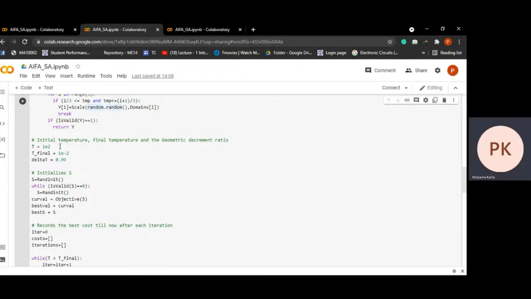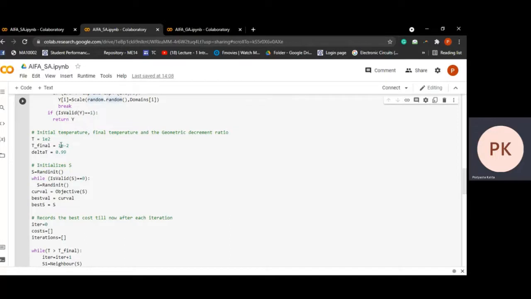We initialize the temperature to 100 and we will continue the loop till the final temperature is 0.01. Delta T is the value which we multiply to the temperature every time to obtain our new temperature.